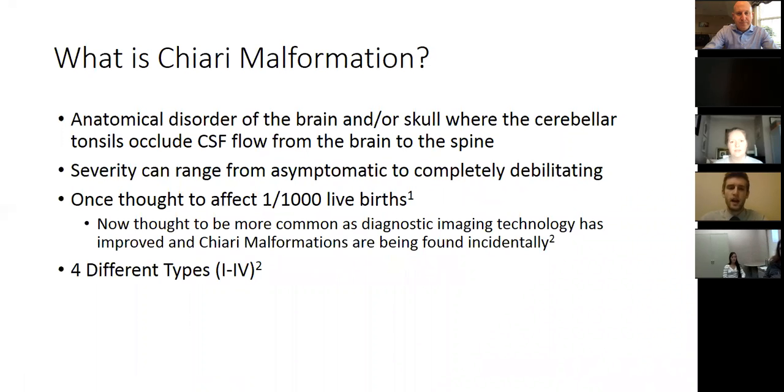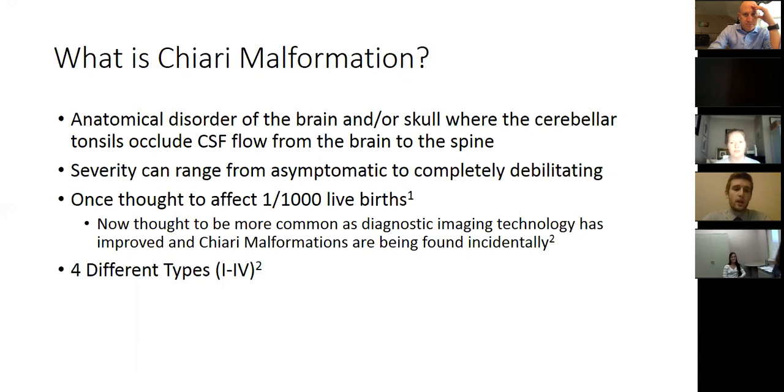Okay, so to start off, what is Chiari malformation? Many of you may be familiar with the disease state, but it is being diagnosed more due to enhancements in imaging techniques, getting diagnoses before patients even have clinical manifestations.